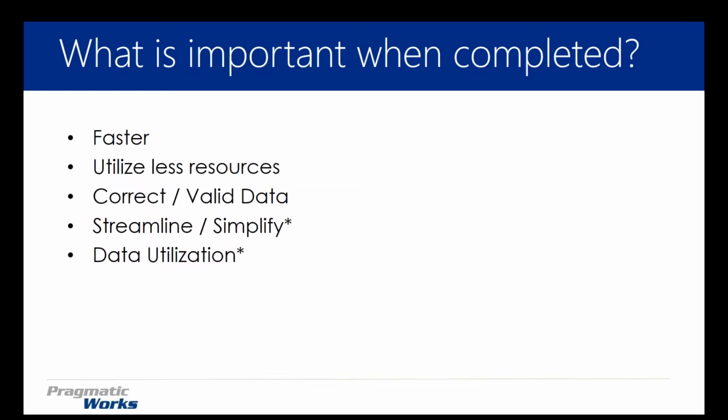So when we talk about the next one, I had streamlining and I had simplifying, and they're similar, but slightly different in regard to, in my opinion, what the relation is important for this redevelopment effort. So streamlining, when we talk about the process, is the idea of removing or consolidating the number of steps that may be required to complete that process. Simplification relates to the complexity of those individual steps.